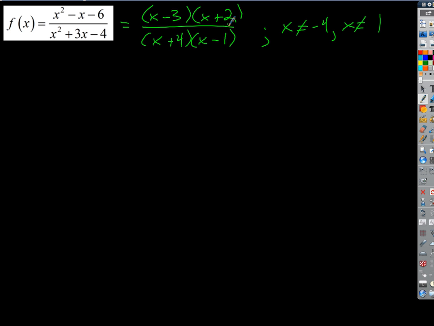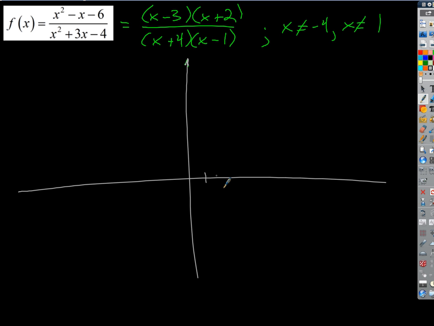So if I wanted to sketch a graph of this thing, I already know I've got a lot of behavior going on here. That helps me quite a bit. We already know that we've got this value at -4 right there.